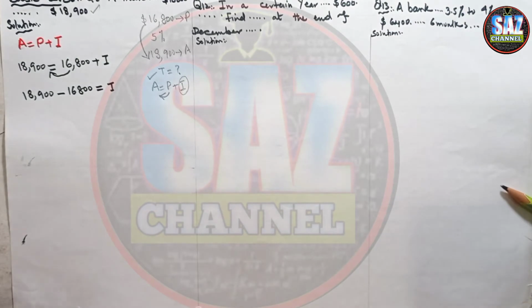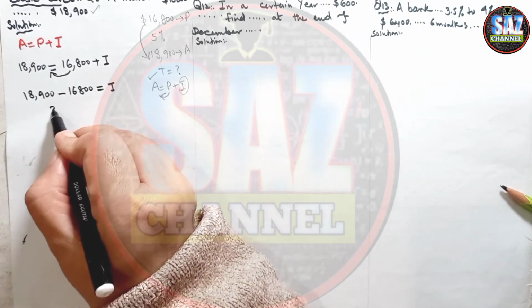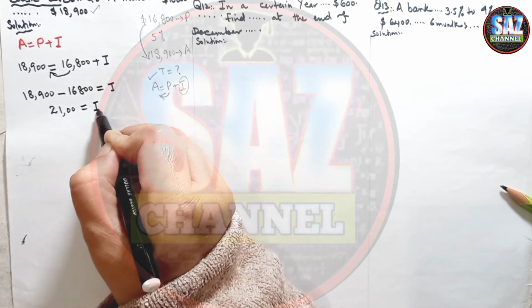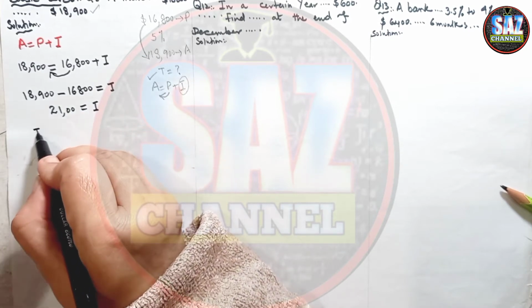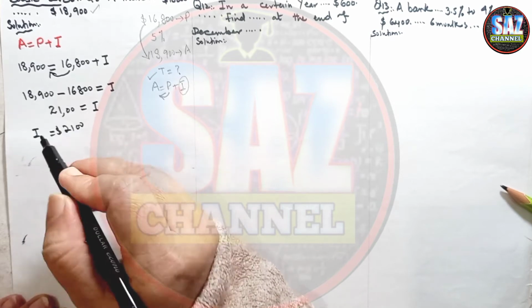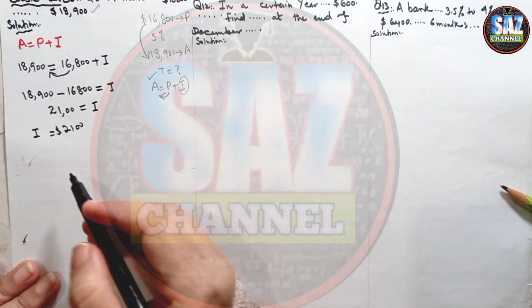Taking away 16,800 from 18,900 gives me 2,100, so 2,100 is the amount of interest that he is earning. I equals $2,100.